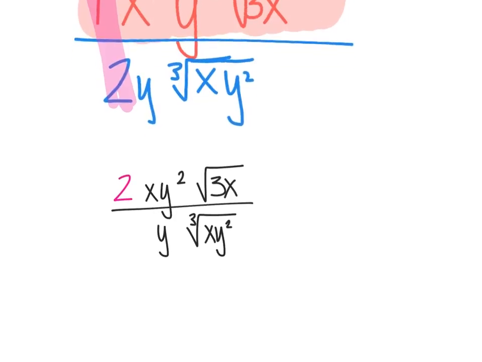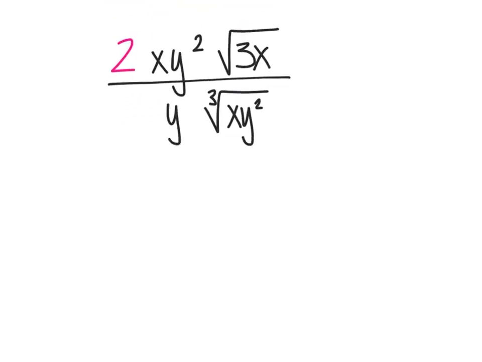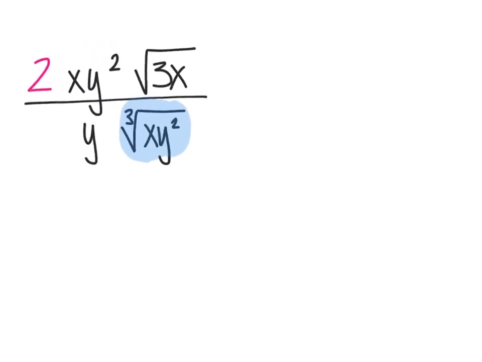So I need to rationalize this, and that means I need to get rid of this cube root xy squared in the denominator, because I can't have that. So I'm going to focus on just this part for a minute, this cube root of xy squared, because it's in the denominator, and that is where my problem lies.